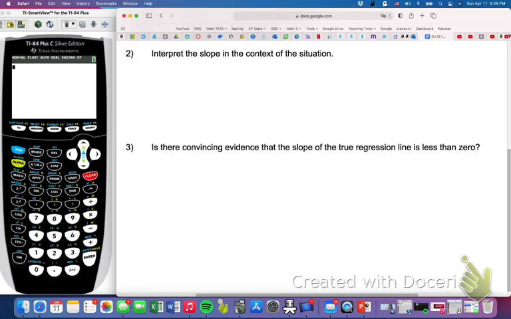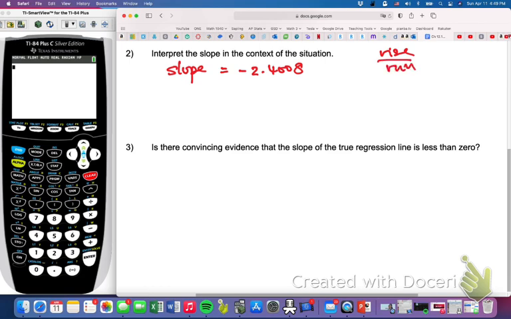Right, so question 2, interpret the slope in the context of the situation. So what is the slope? From the computer output, the slope was determined to be negative 2.4008. So it's a decrease, right? Which also means that this slope is rise over run.